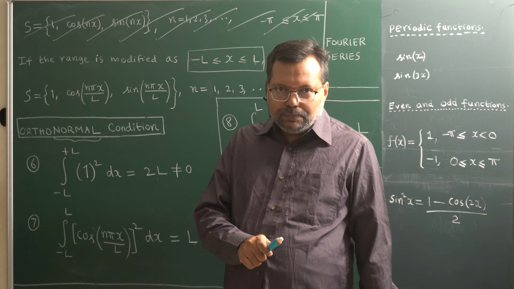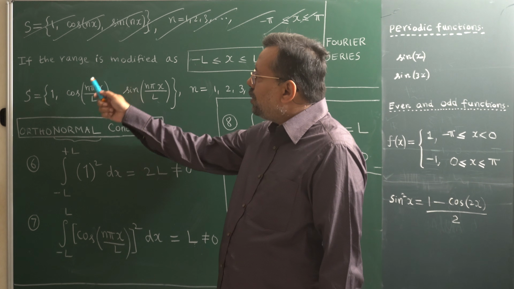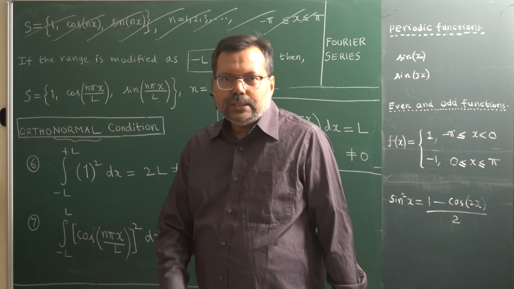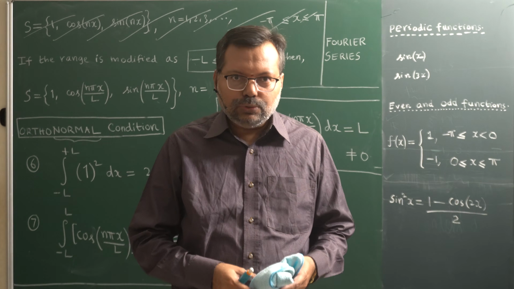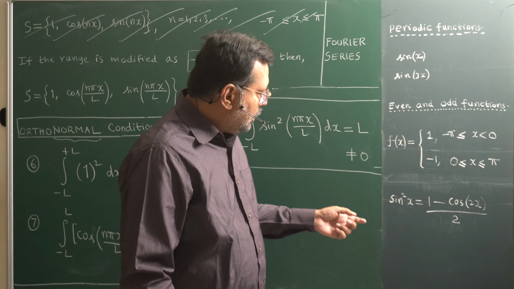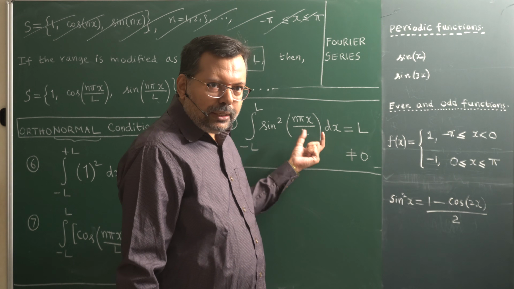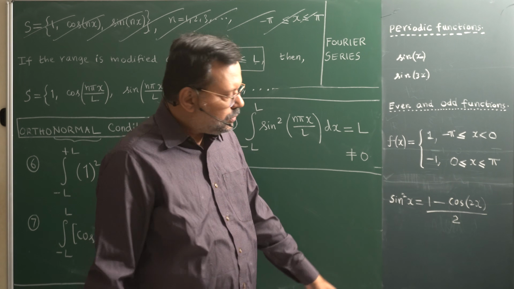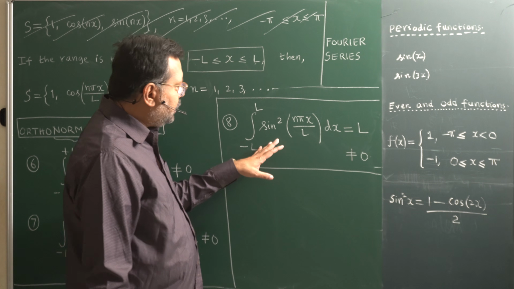That must be satisfied for the set S, which is under consideration for the Fourier series. This is a very important conclusion. And the value L, how it comes, is only about 4 steps of elementary integration. So that is not an issue.